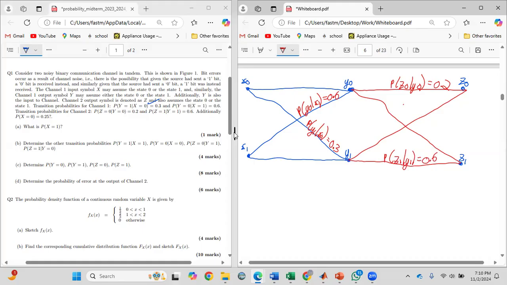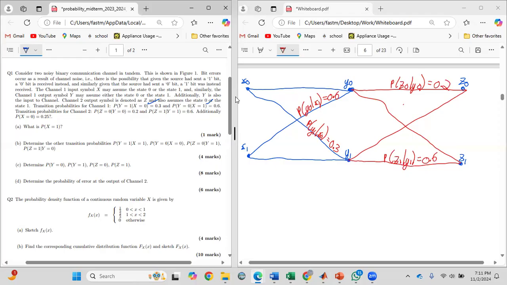So let us make sure: the probability of Y0 given X1 is 0.6, we have that. Y1 given X0, we have that. And for the Z's, Z0 given Y0, alright, and then Z1 given Y1 is that.